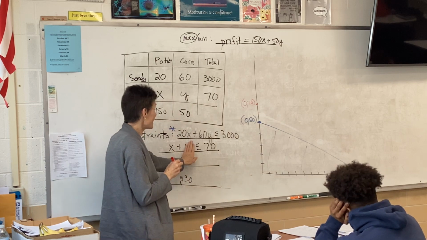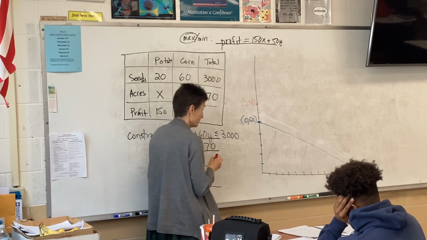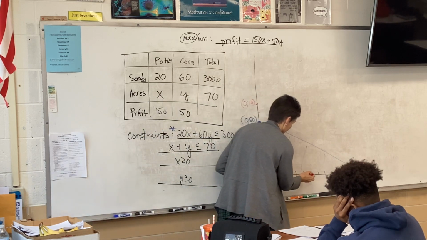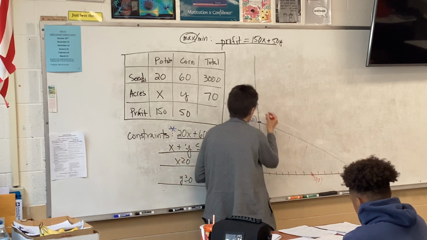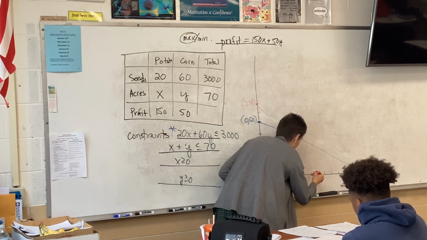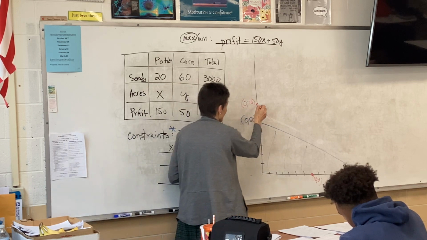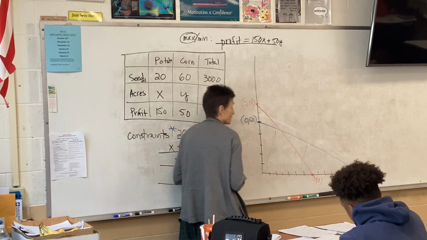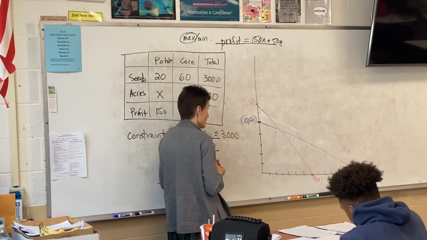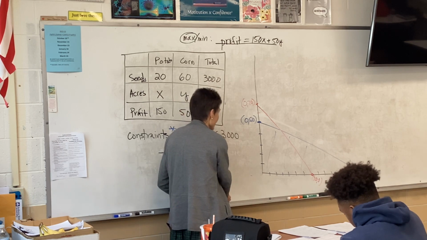And if y is 0, x is 70. My red marker's running out. And where is that shaded? Below. So once again, we have formed a shape.